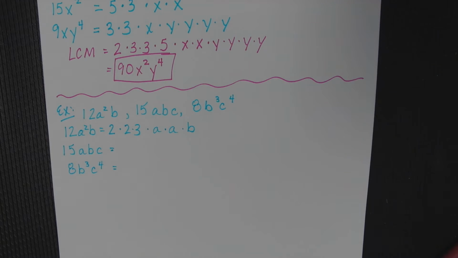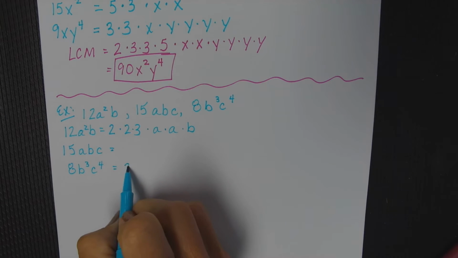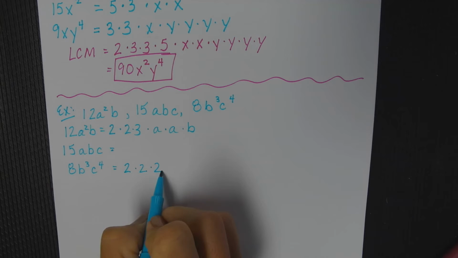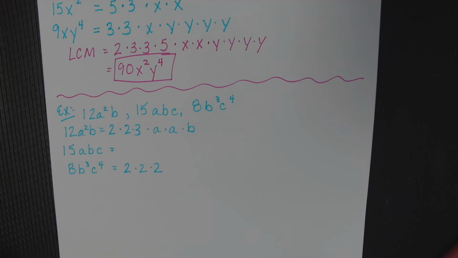I have a question. For 8, it's 2 and 4, but can you make the... You have to do 2 times 2 times 2. Okay, prime factorization. You need to break everything down.